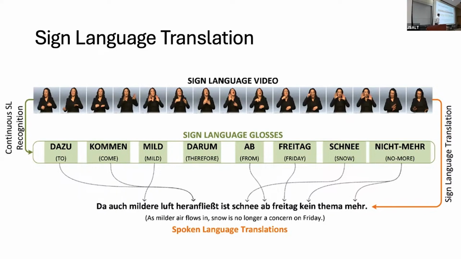So you can probably read it in German: dazu kommen mild, darum ab Freitag Schnee nicht mehr. In English, it's to come mild, therefore from Friday, snow no more. So it's totally differently arranged, but you can get the general idea. Yeah, as milder air flows in, snow is no longer a concern on Friday.